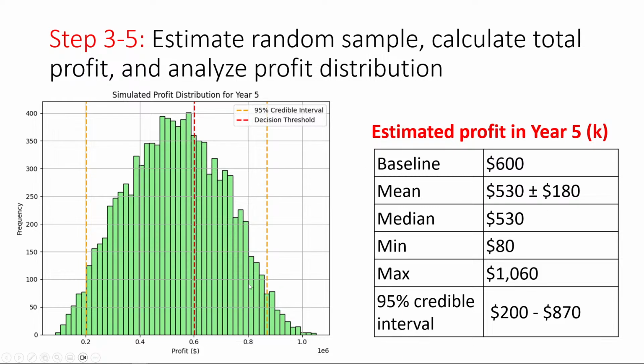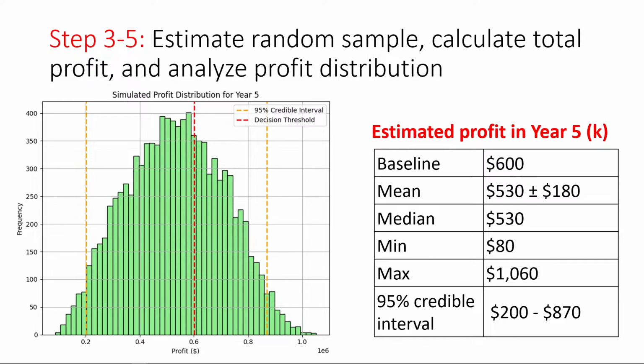If you assume this follows a normal distribution, you calculate the mean value for this normal distribution, and plus or minus one standard deviation, then you get the mean value around here. So the mean value is a little bit less than my baseline, my deterministic estimate. The median value is similar to the mean value. So basically that is what we learned from this estimate.